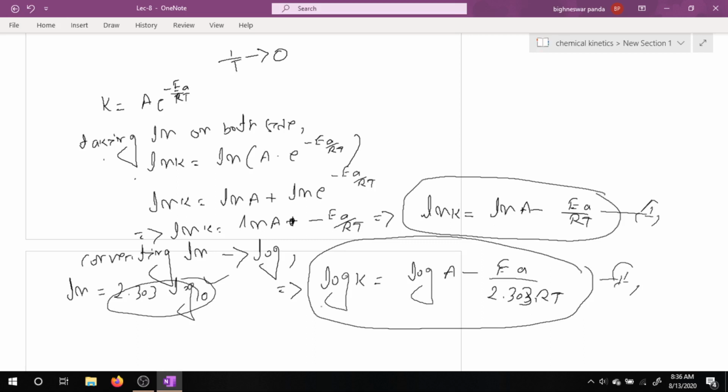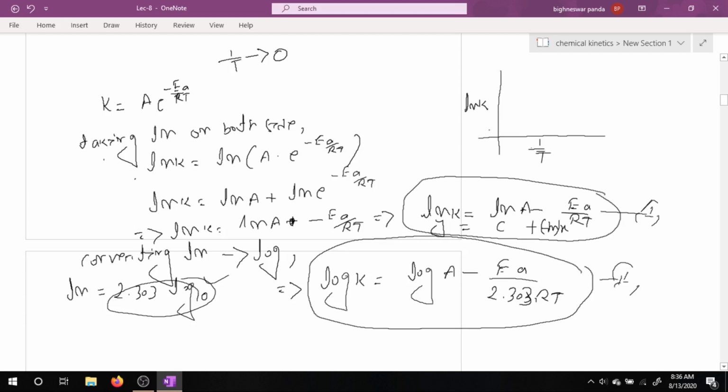So consider the variation of the rate constant with temperature as a graph. If we plot a graph between ln k and 1/T, the equation is of the form y = mx + c. Here x is 1/T and the slope is negative, that is -Ea/R, and y is ln k.